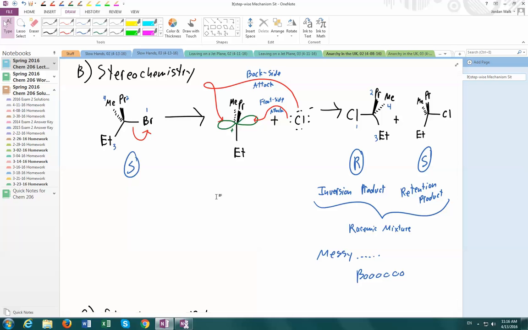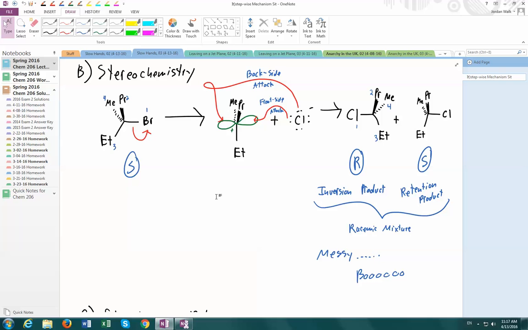Because we've got our three substituents over here on the left side, and so they end up in the product on the right side. They've been pushed over, they've been inverted to the other side just like in an SN2 reaction. So we can call it the inversion product because ultimately the product compared to the starting material is inverted, right? It just doesn't go through a mechanism where the nucleophile is pushing them the whole time.